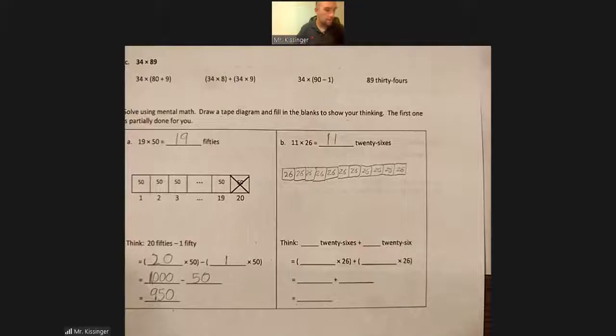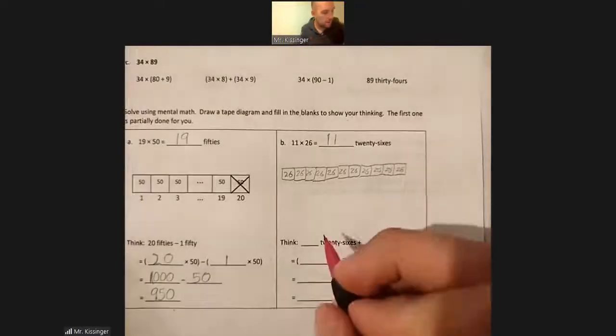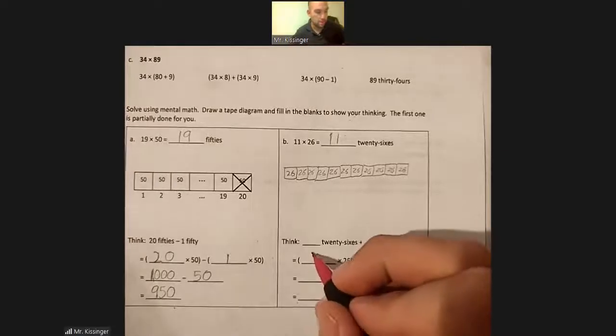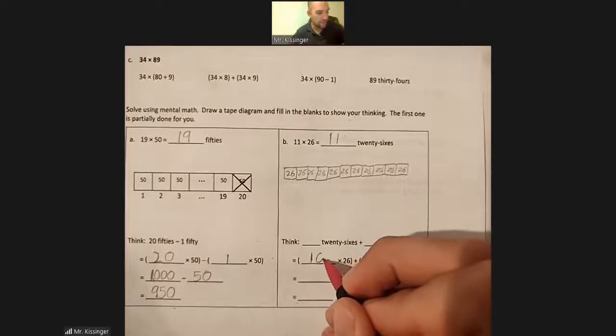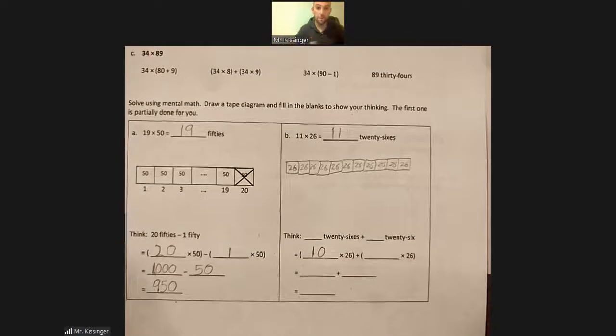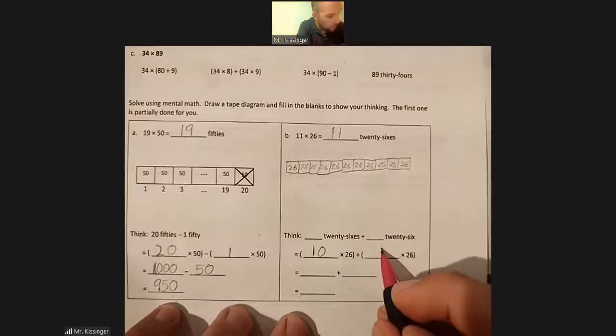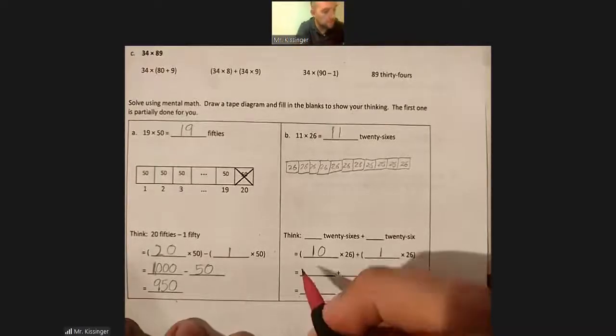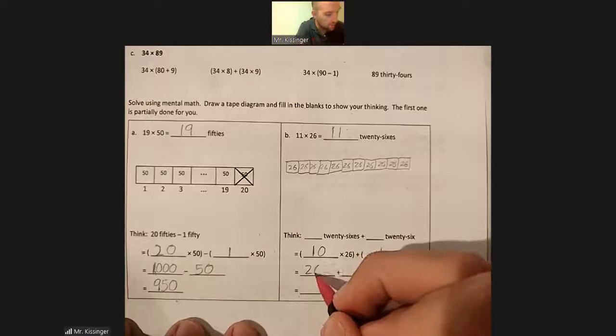So we think instead of 11 26s, what's a nice easy number that we can multiply by 26 that's close to 11? Well, the first one I think of is 10. You could use a different number if you'd like, but I usually like to use multiples of 10 if I can, because they're easy to multiply by. And then we're going to add one more 26 to make 11 26s. So 26 times 10 is 260. We add our 0 on the end.